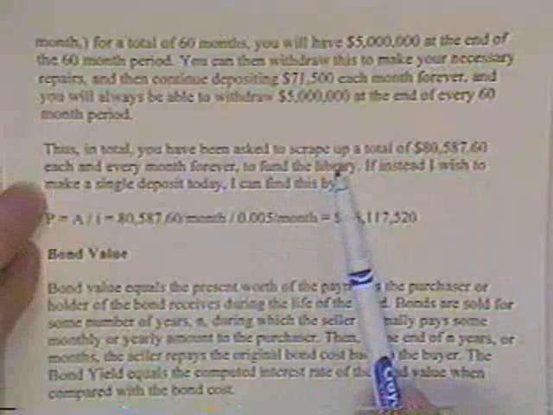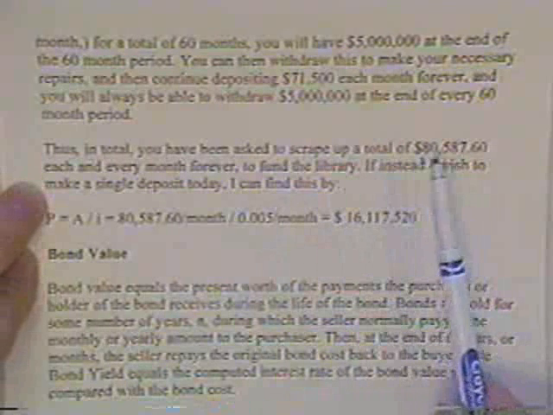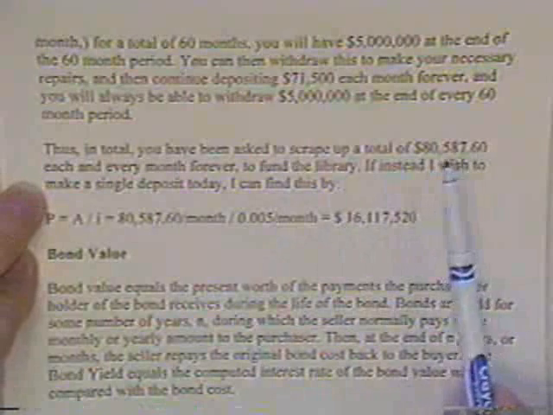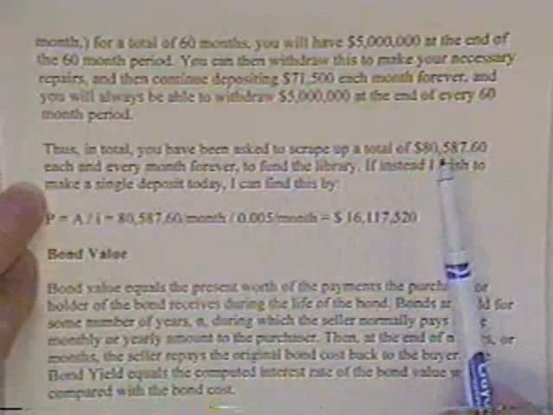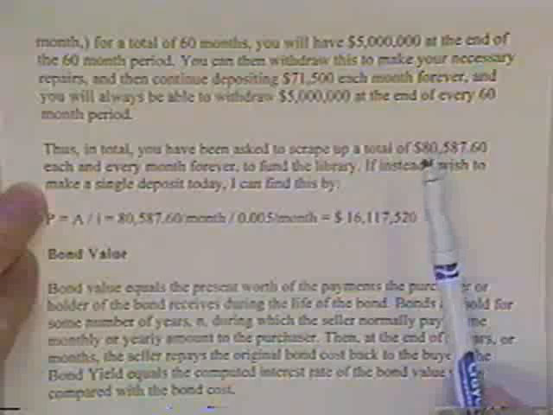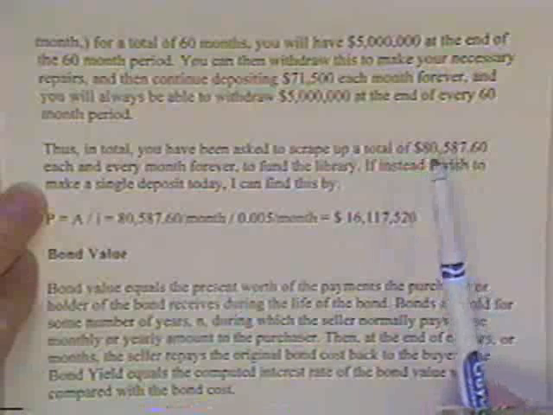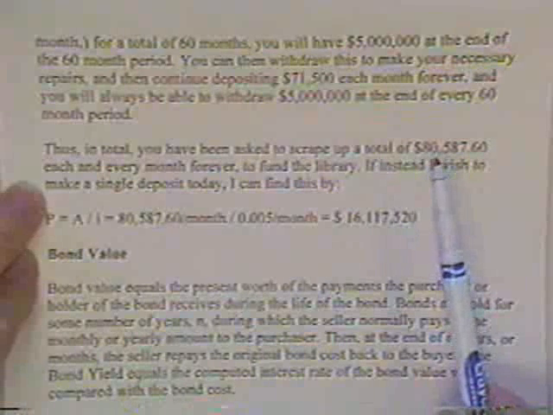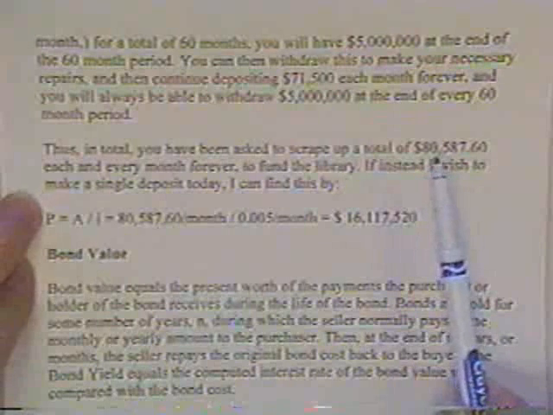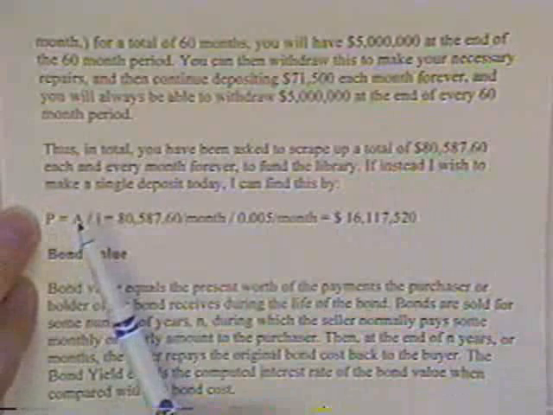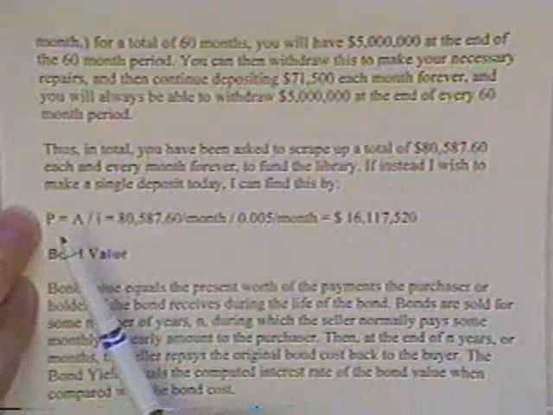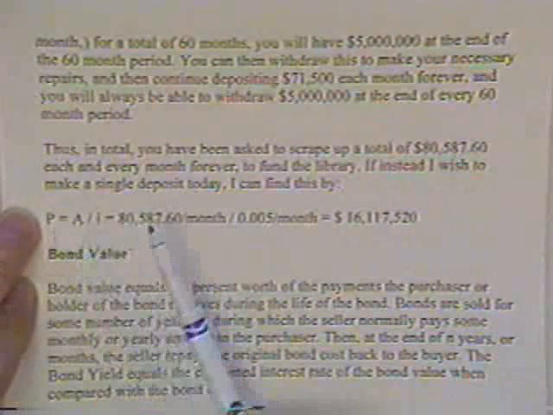Now, the government says I can't go to the taxpayers and just get $80,000 each month from them, because that's not guaranteeing me that they'll always want to fund that building. So you're going to have to go get the money today, very easily. All I've got to do is change my monthly annuity into a present value.